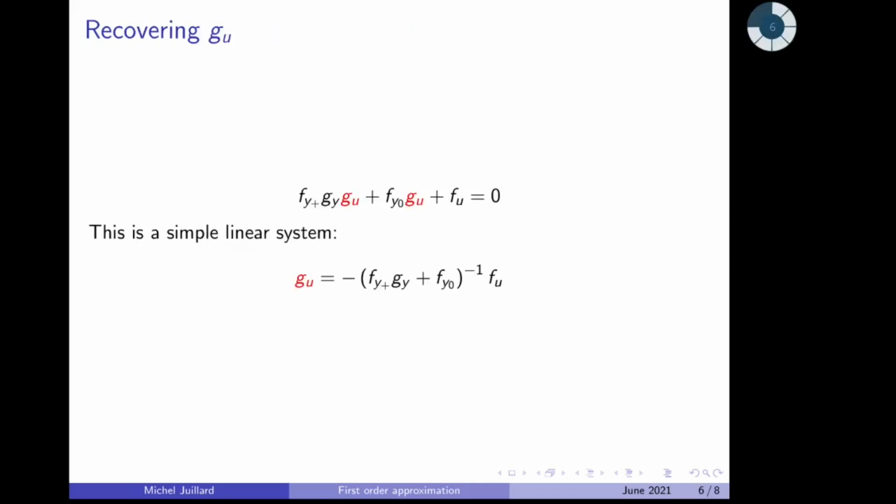I now use the second parenthesis to recover the partial derivative of the solution function with respect to the shock. This is much easier because this equation is a standard linear system, and we obtain immediately that Gu is minus the inverse of this expression times Fu.